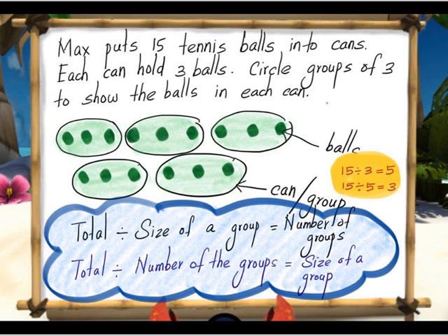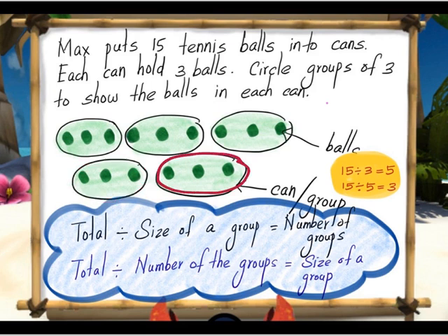If you see here, I have circled groups of 3 to show the balls in each can. So this is a group of 3, and that is a can. This is also a group of 3, that is a can. This is a group of 3 balls and that's a can.